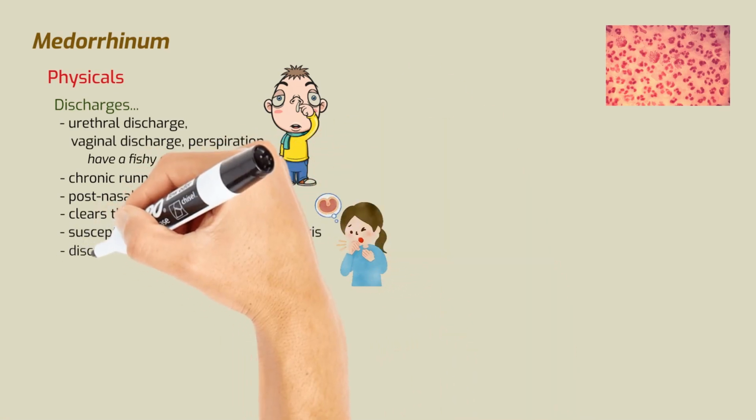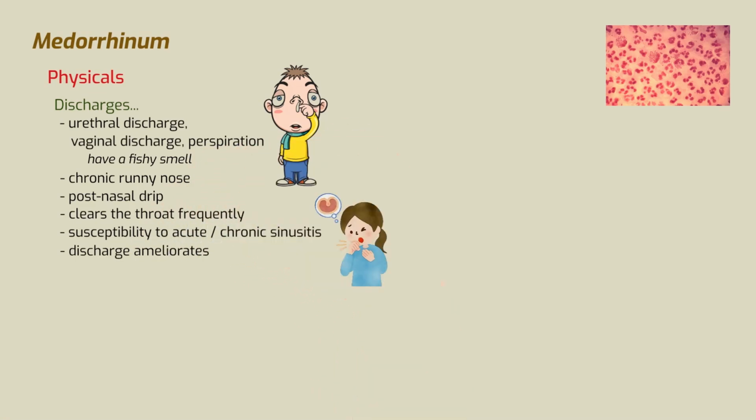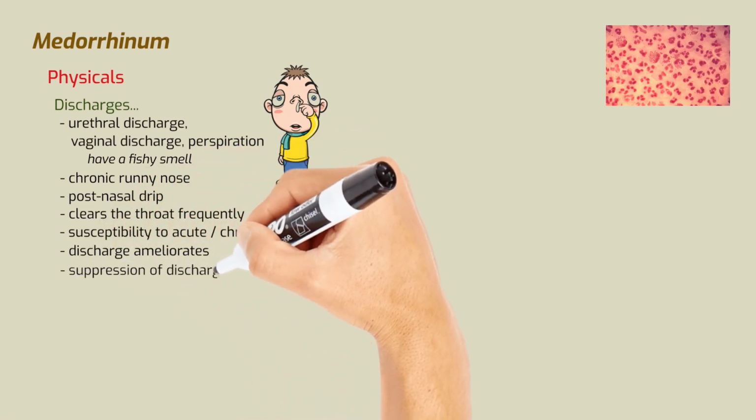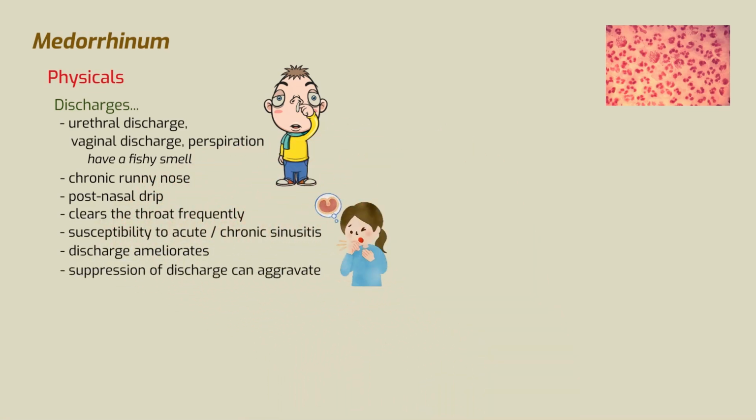Remember that Medorrhinum discharges tend to ameliorate, and the suppression of those discharges can aggravate. In other words, drugs like antihistamines, antibiotics, and decongestants may clear up a discharge, but this can result in an overall worsening in the state of health of the Medorrhinum type.